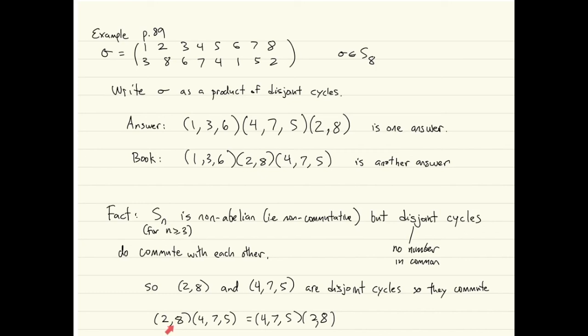When you think about it, you can realize that the way you multiply or compose these two functions doesn't matter, because they mess up different numbers, if you will. The 2, 8 switches just the 2 and the 8. The 4, 7, 5 only messes up the numbers 4, 7, 5. Because they're disjoint, the numbers that you mess up are different in each cycle, so it doesn't matter which order you apply these functions in.